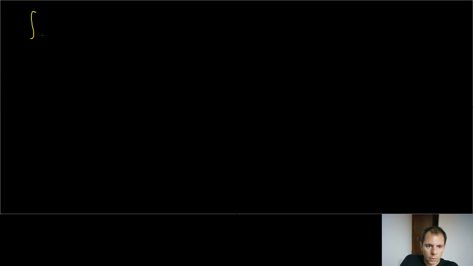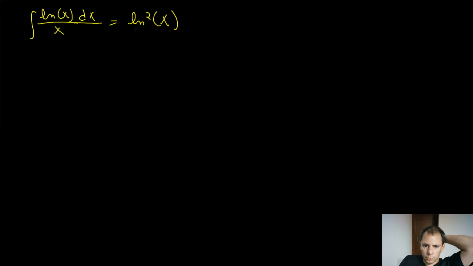You have the integral of ln of x divided by x dx. Again, think about this thing here. Can you do that? Yes, you can. It's going to be ln squared of x divided by 2.